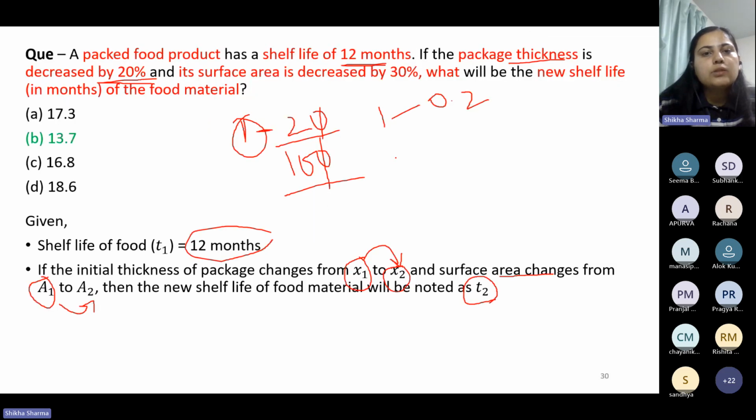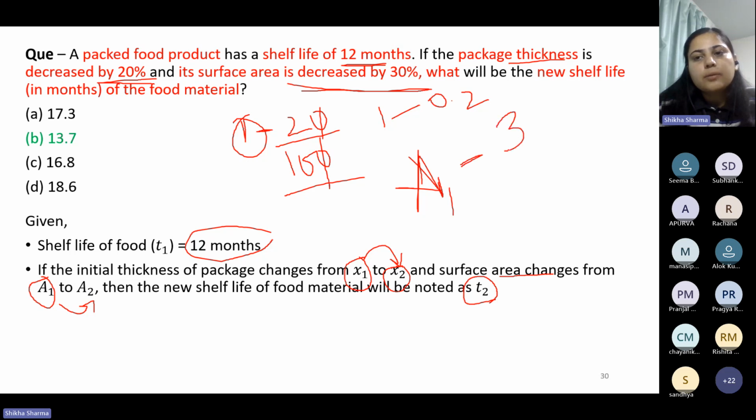Then area is decreased by 30%, from the initial surface area A1.